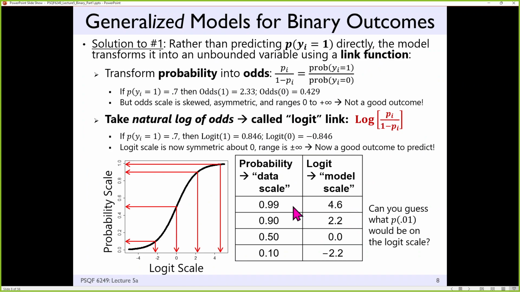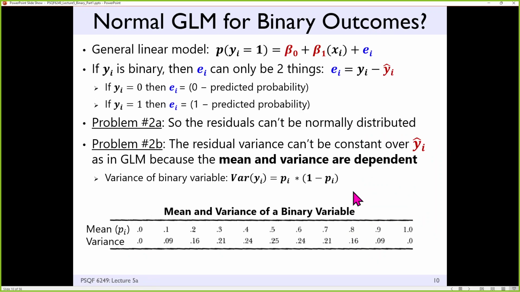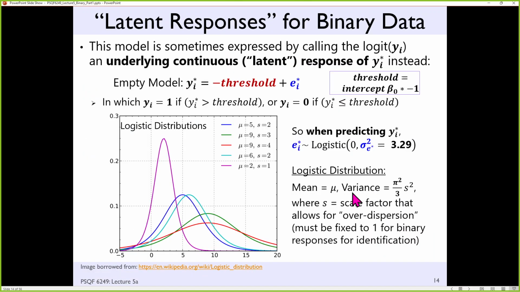If I know what the probability of a 1 is in logits, I know the probability of the corresponding 0 has to be -1 times that. So some of the model parameters that we're going to see this semester are going to be thresholds. Some of them are going to be intercepts, and some of them are going to be yet another thing. It depends on your software. M+ gives us thresholds.